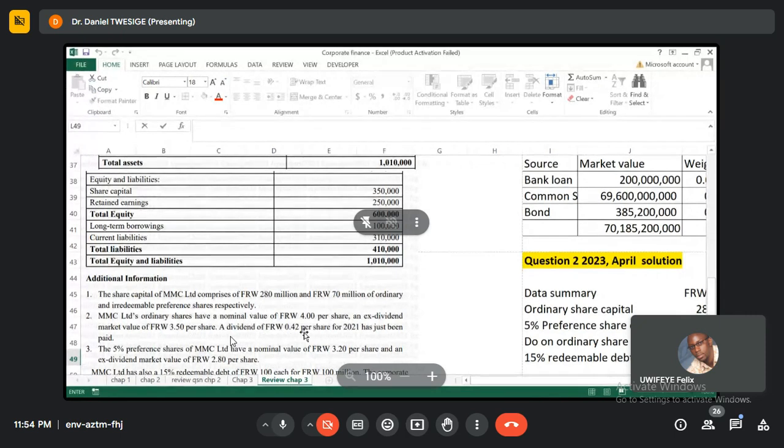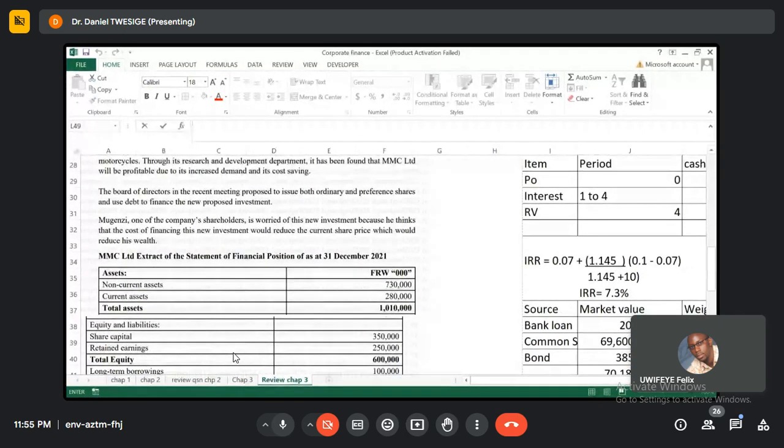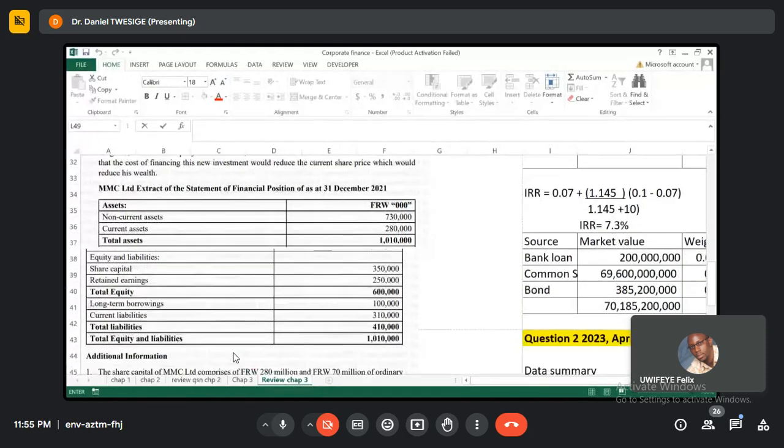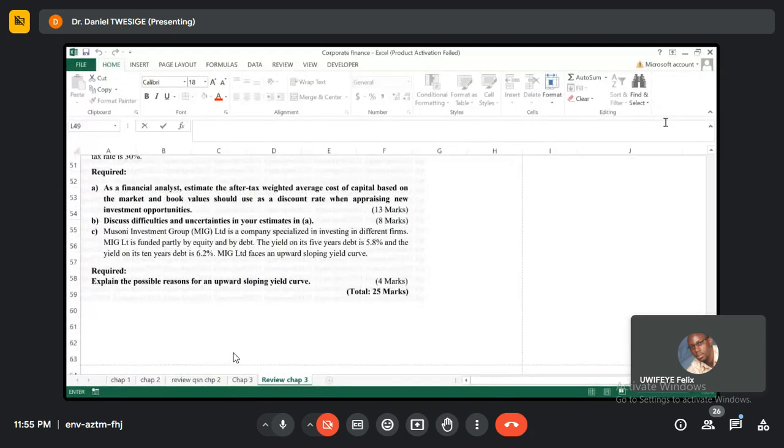A dividend of 0.42 per share has just been paid. So how do we compute the growth rate? There's no growth rate, the way the data is given. Is there any data that I didn't copy?